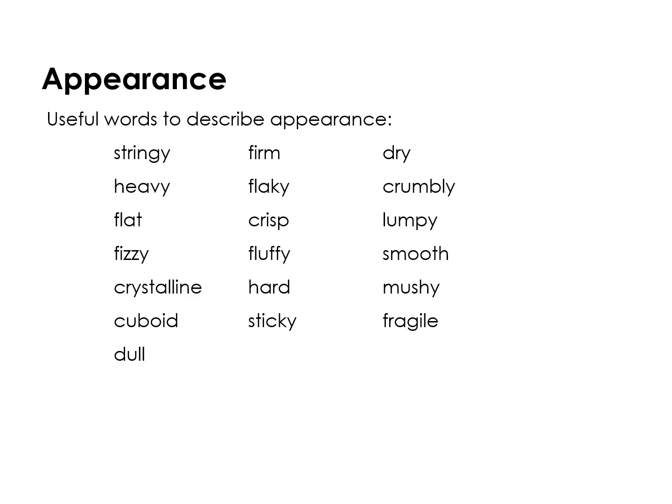So crisp is when a food has a firm, crunchy texture when bitten, like a fresh potato chip. So that's when you call it a crispy chip. Lumpy, a food with uneven, small chunks or clumps.